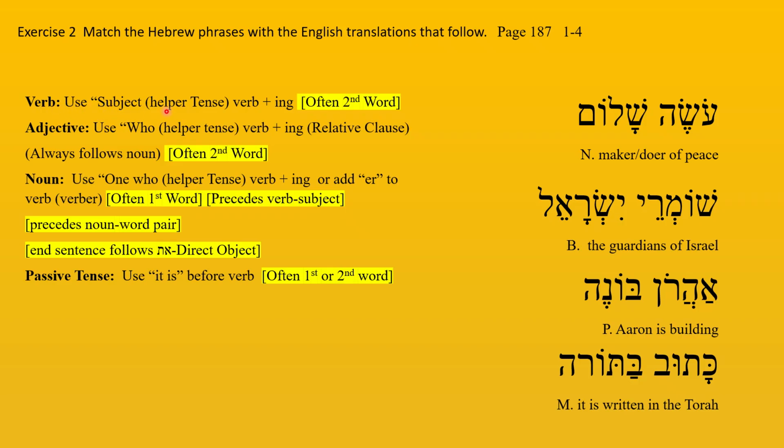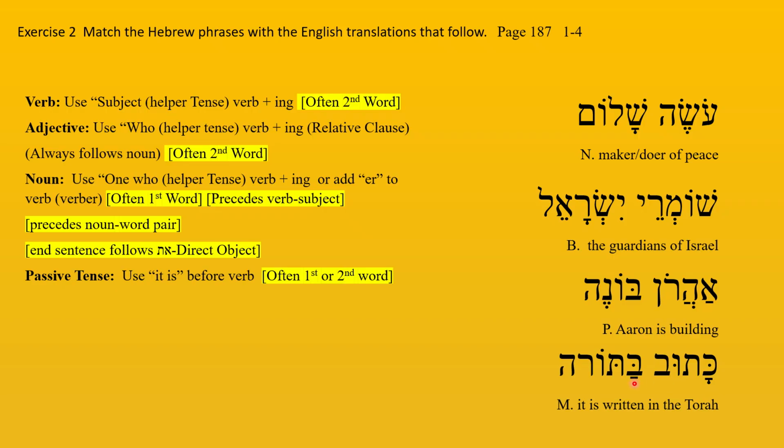If it is, you're going to try putting the helper tense in the verbing. So Aaron is building. Works perfectly. So that's the verb of the sentence. Aaron is building. You can't say Aaron who is building. The who eliminates that as the verb. It makes it a relative clause. You just have to be Aaron, helper tense, and verb. Aaron is building. Okay, next one.